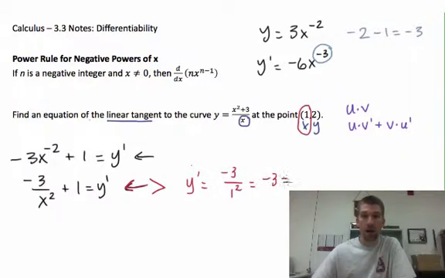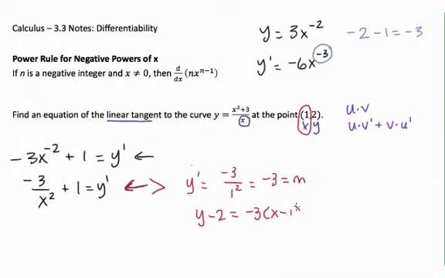And by the way, the derivative is the slope, so I have a slope and a point. What's that give me for my final answer? It gives me y minus 2 equals negative 3 times x minus 1.